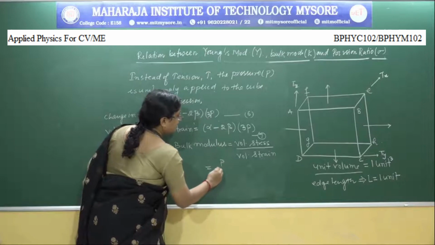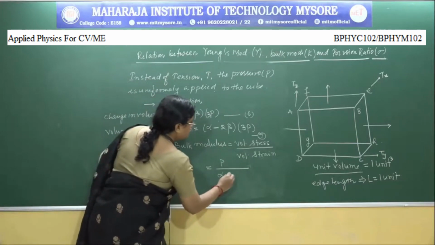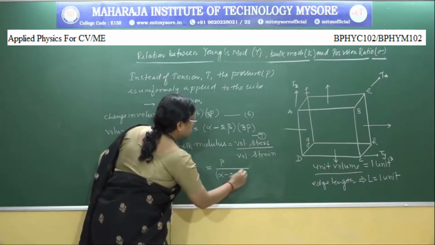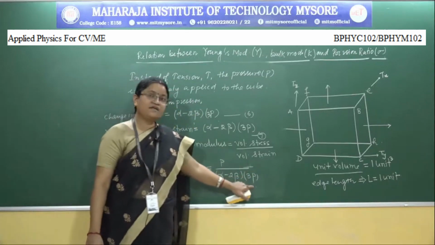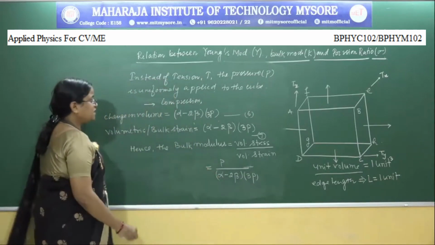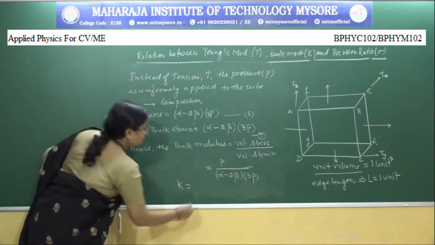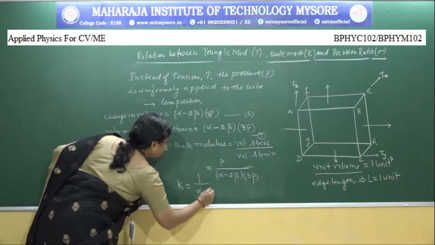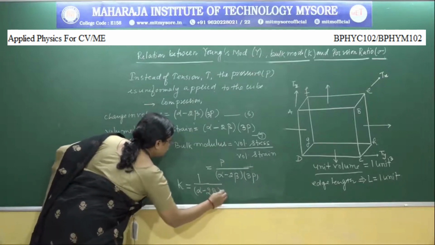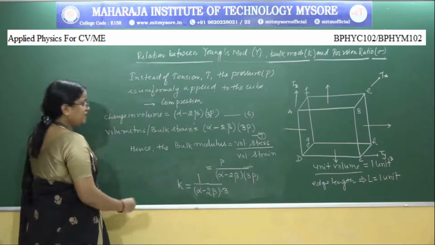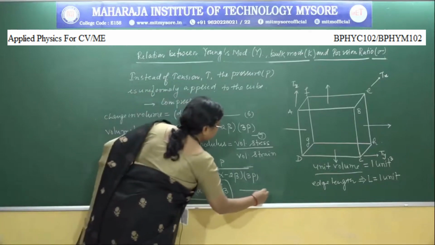It is P, and the volumetric strain which we have calculated is alpha minus 2 beta into 3P. Now, P is in the numerator and the denominator as well, so it will cancel out. We represent the bulk modulus as K, so K will be equal to 1 divided by alpha minus 2 beta into 3. So, we have derived the relation for the bulk modulus.